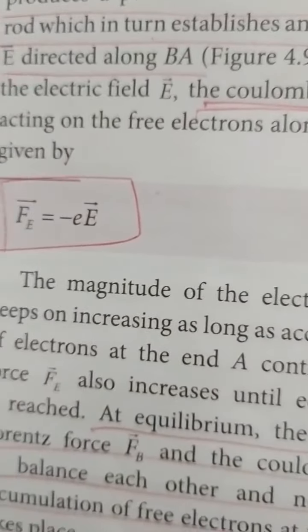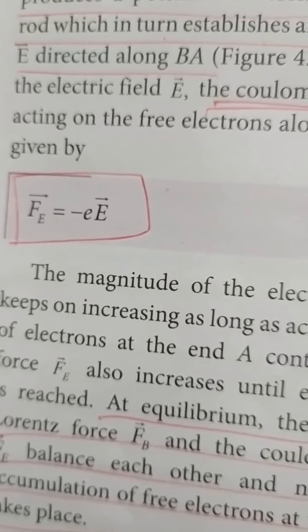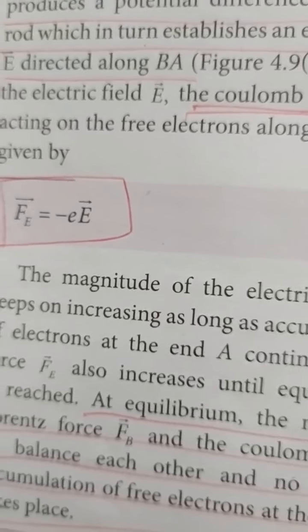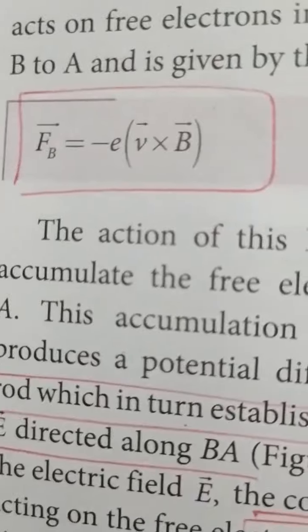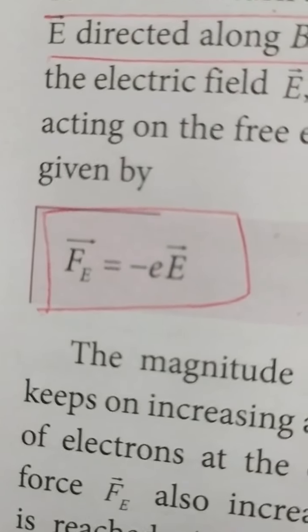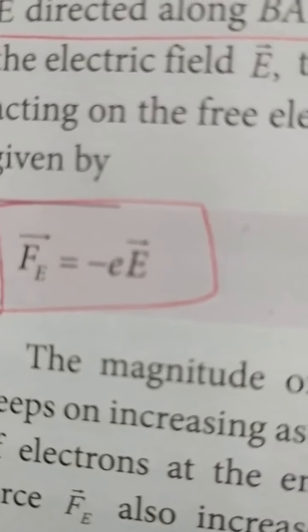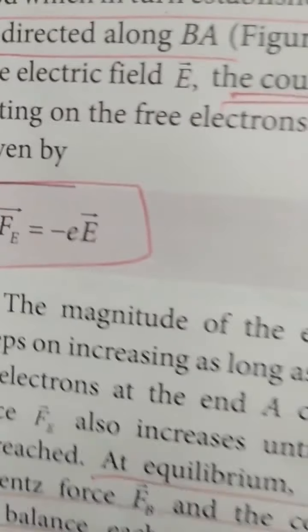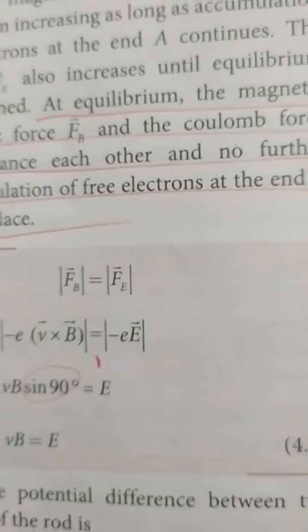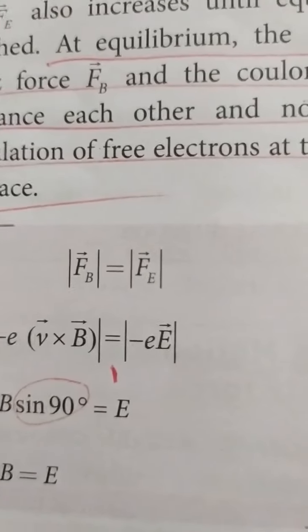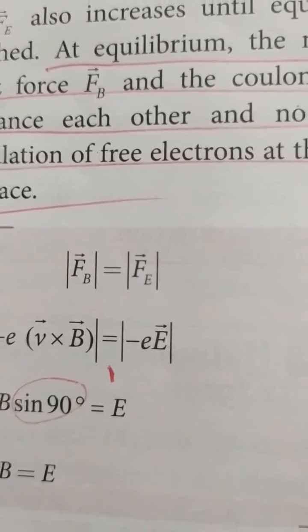The Coulomb force is given by F_e equals minus e into E vector. The first equation is due to the magnetic field and the second is due to the electric field. Under equilibrium, both of these forces are equal, so F_B vector equals F_e vector.